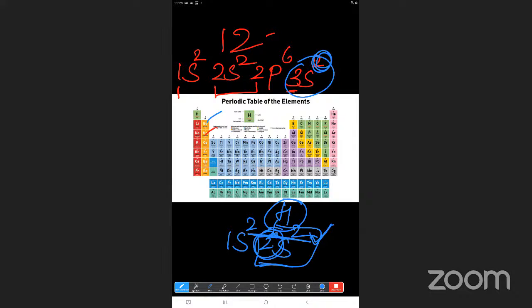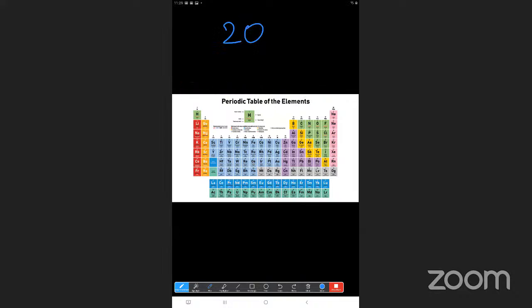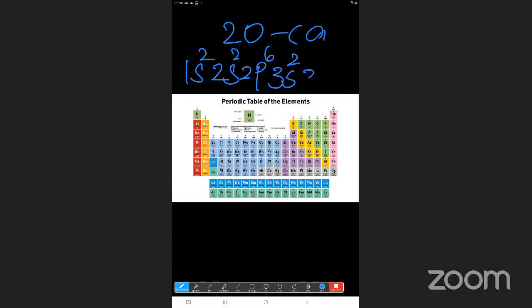Similarly for calcium. Calcium atomic number is 20. So here 1s2, 2s2, 2p6, 3s2, 3p6, 4s2. The valency shell is 4 here, the last shell. In this last shell we have only 2 electrons. So calcium valency is 2.